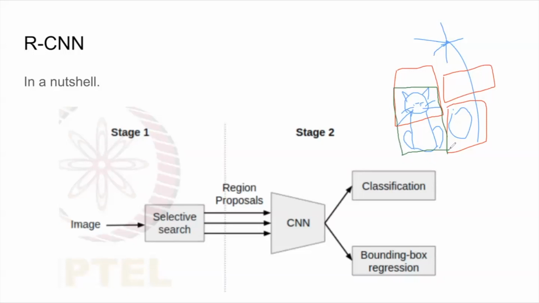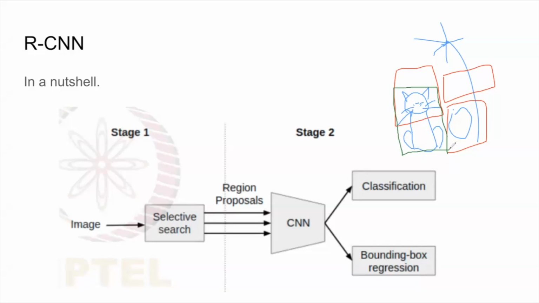It's clear that if I just put classification as the loss, the gradient descent algorithm tries to minimize the loss, and once it can detect it as a cat, the loss will be minimized, and it will not move that rectangle. So to get a better rectangle, along with the classification loss, we need another loss that will care for the bounding box as well, and that is called the bounding box regression.